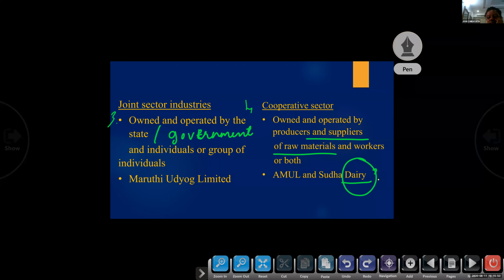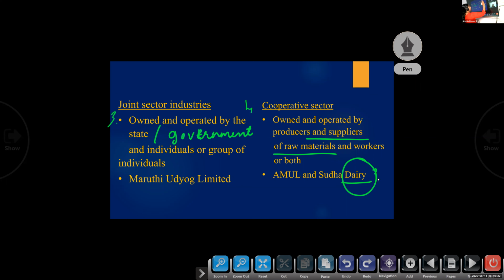Anand Milk Union Limited, what is it? All of you are familiar with this. All of you like all the products of this industry. What is it? Amul. Then like this, one more industry is Shuddha Dairy.